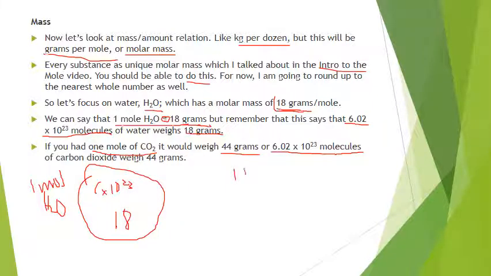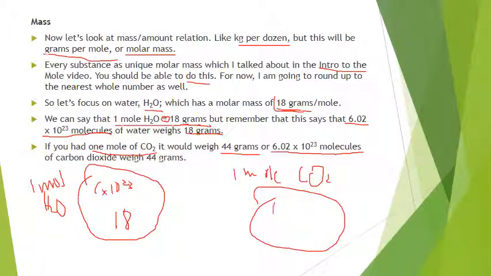If you have 1 mole of CO2, it also is going to have 6.02 times 10 to the 23rd, but it's going to weigh 44 grams. Just like my dozen apples weighs 2 kilograms and my dozen watermelons weigh 5 kilograms.